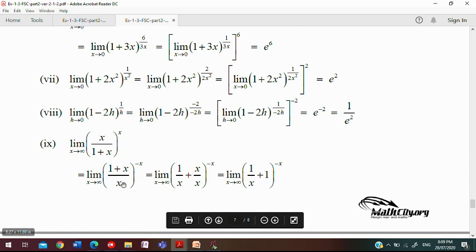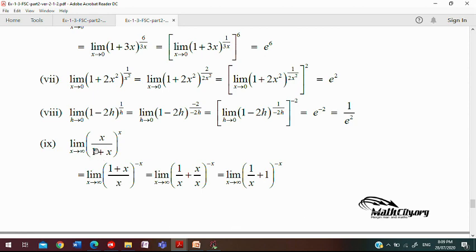We have done this because here we have a factor in our denominator, and whenever we have a factor we can't separate the terms. But when we interchange the numerator and denominator, we are able to split these two terms.